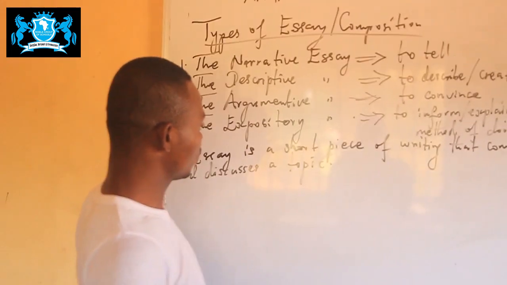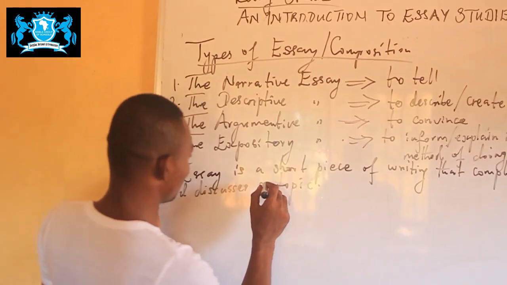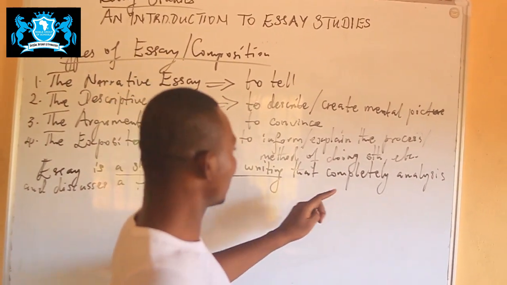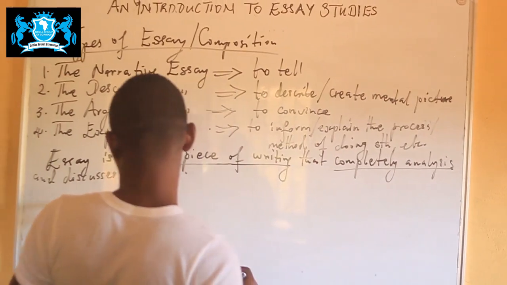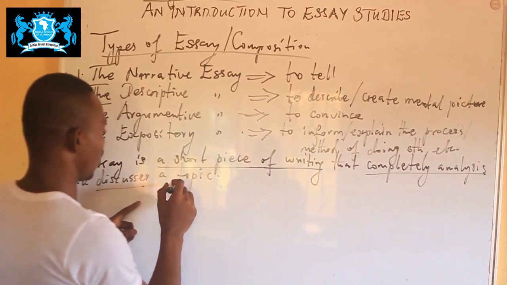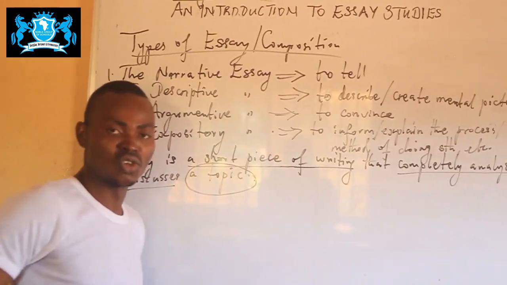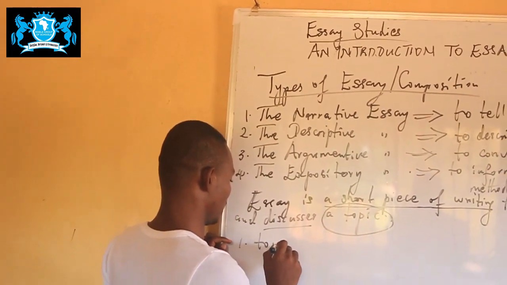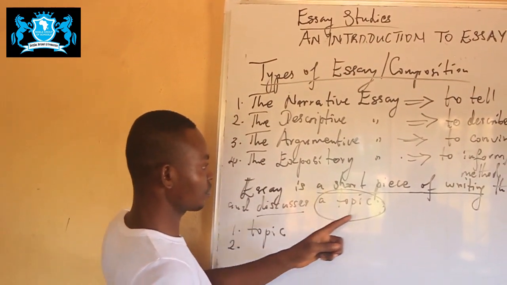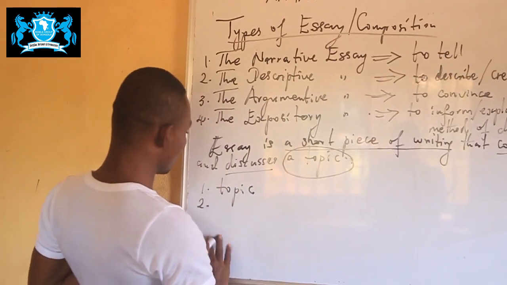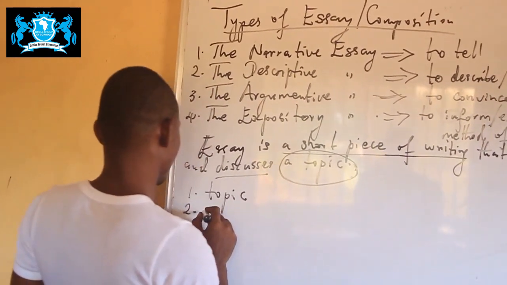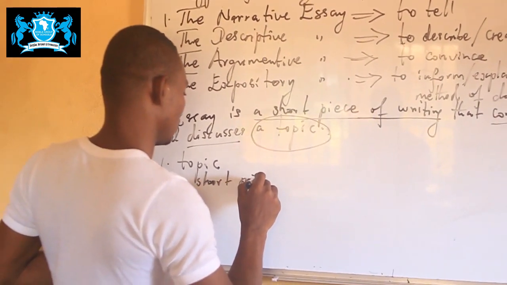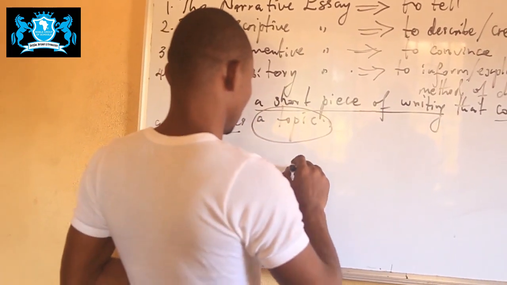Now, there are essential terms to pick here. We say a short piece of writing, and then completely analyzes, and also it discusses. Everything is centered on topic. So all about essay is number one, topic. It must have a topic. Two, it's usually a short piece of writing, not a book.